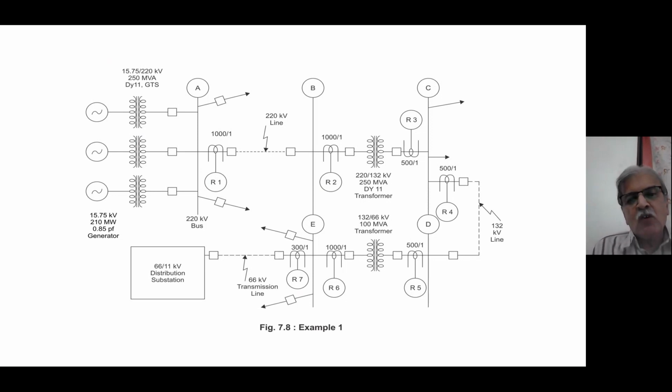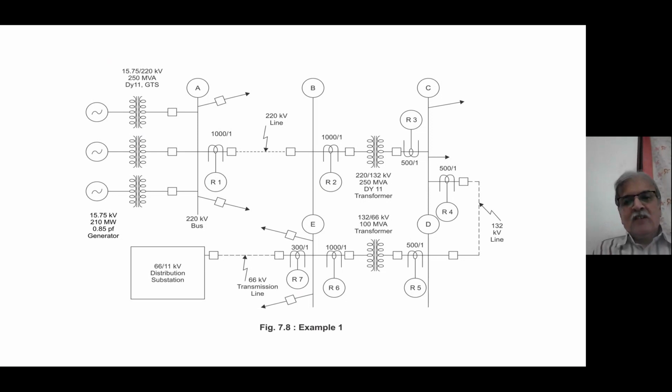Second thing: when you are thinking of coordinating, let's say R6 and R7, R6 will give backup to R7. When I'm talking of backup, I have to consider coordination. Coordination means the pickup, at what value the relays pick up. Now pickup as per the standard varies from 105 to 130% of plug setting.